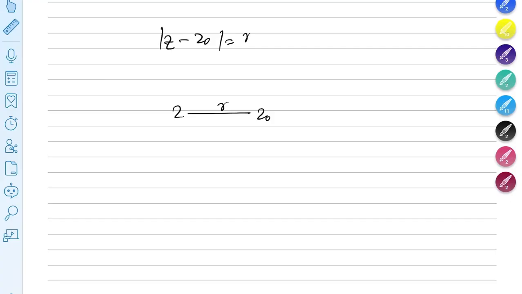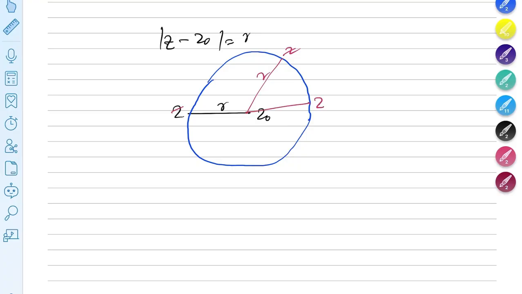Since z is varying, z can have multiple locations where the distance from z0 remains the same. z may lie here, distance is r; it may lie somewhere here, distance is r. So z0 and r are constant, but z varies such that the distance from z0 remains constant. That's why mod of z minus z0 equal to r represents the equation of a circle.